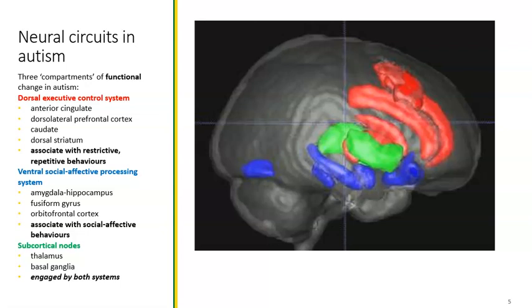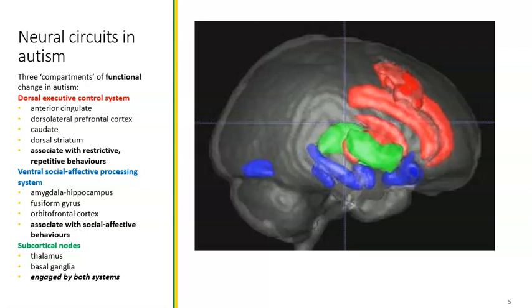The blue area is made up of the amygdala, hippocampus, the fusiform gyrus, and the orbitofrontal cortex, which make up the ventral social affective processing system. You can probably guess by the name, it is associated with social affective behaviors. And then finally, the green areas, your subcortical nodes, are the thalamus and basal ganglia.